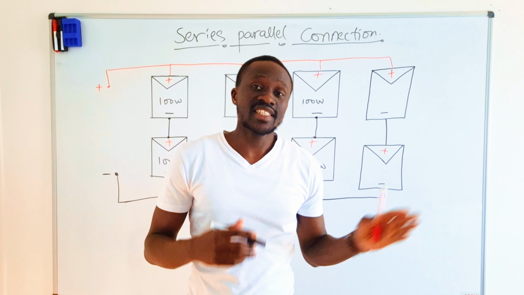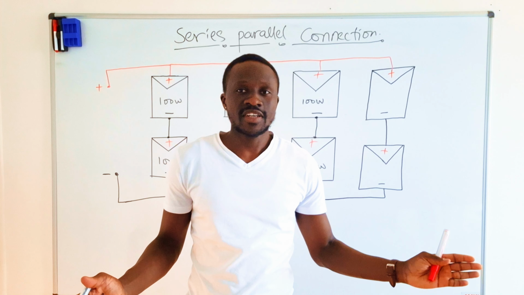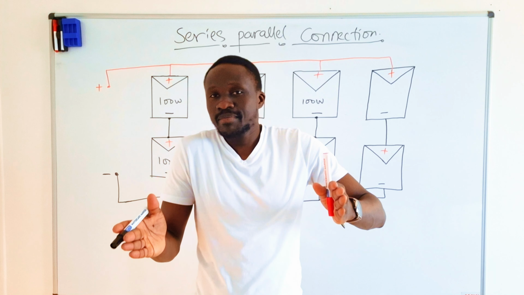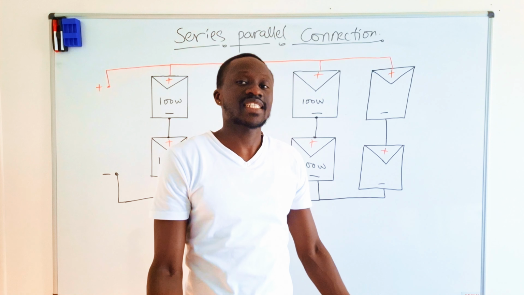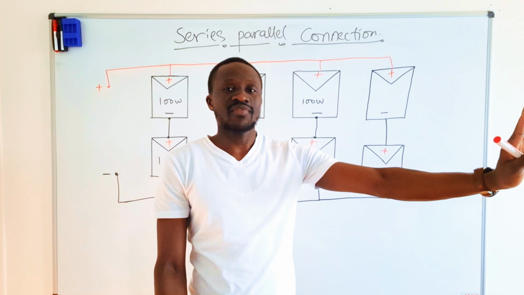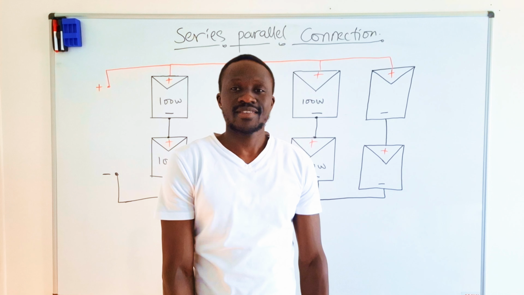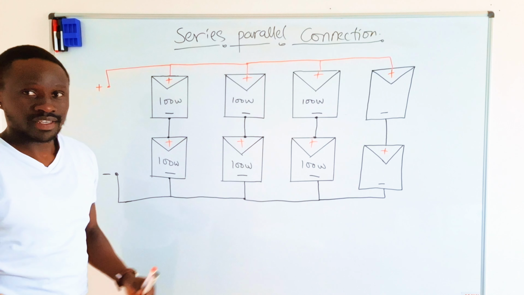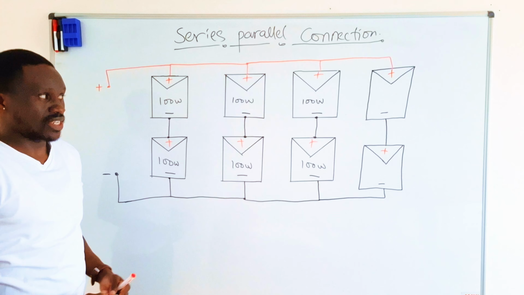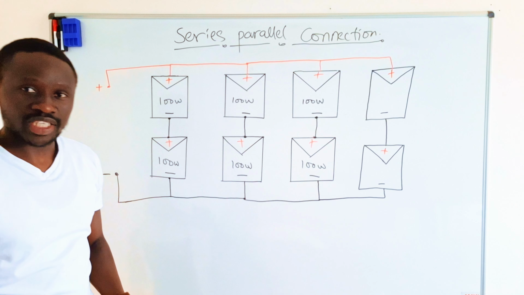That's why it's advisable we put them in parallel, because in parallel, each panel stands independently. Even though the other panel is affected, the system is not affected. Okay? And this is how the formula or the connection is done, a series parallel connection.